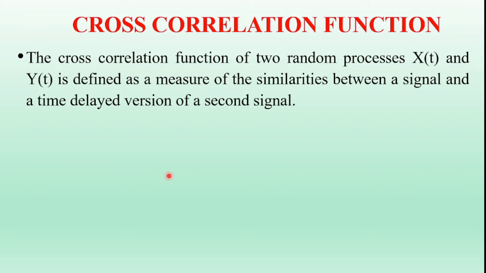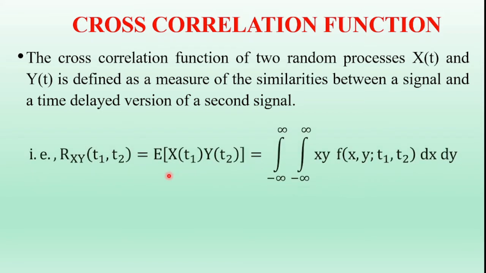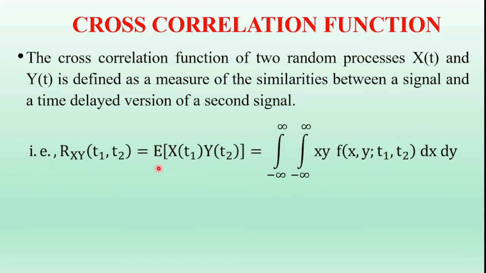The cross correlation function of the random processes x(t) and y(t) is denoted by Rxy(t1, t2), which is equal to the expectation of x(t1) into y(t2). So there are two random variables at the time instances t1 and t2. Therefore Rxy(t1, t2) is equal to the expectation of x(t1) y(t2), which is equal to the double integral from minus infinity to infinity of xy f(x, y; t1, t2) dx dy.